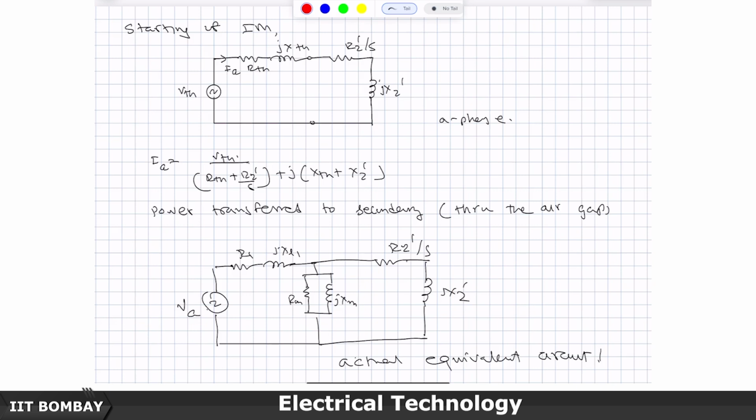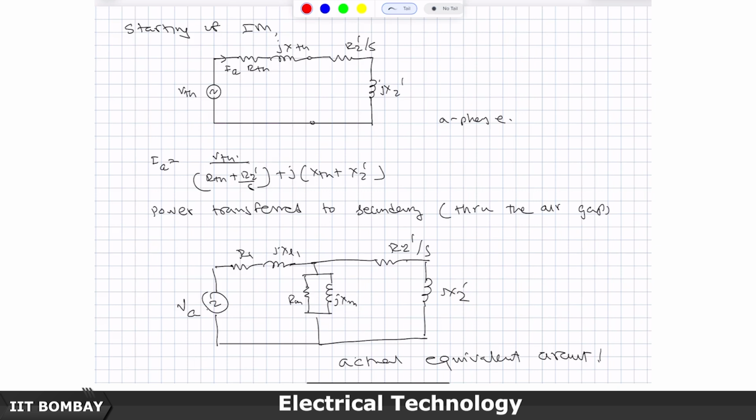So, starting current in the induction motor is going to be high because the slip is 1, and then the current would reduce as you reach full load, which will be lower than the current at the starting, because the slip is much closer to 0.